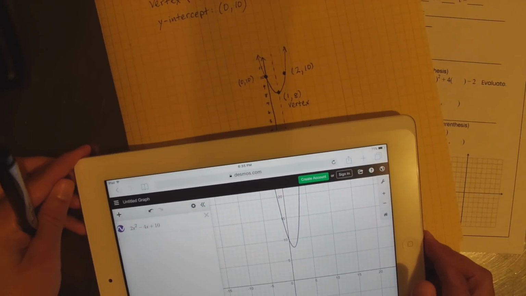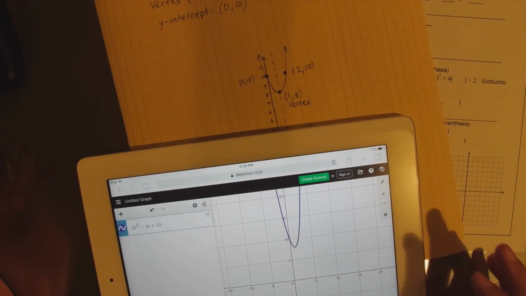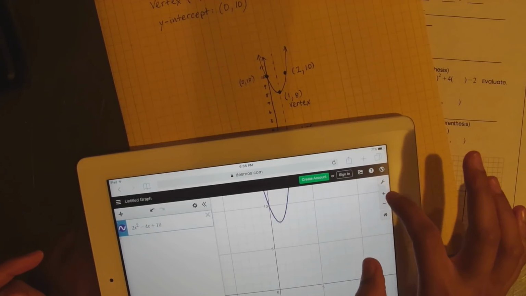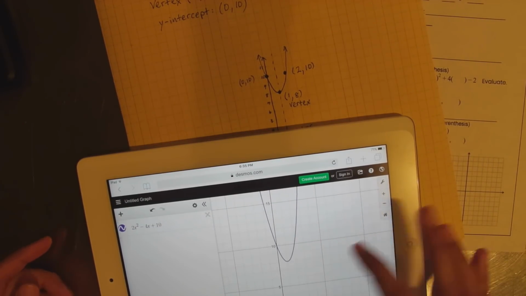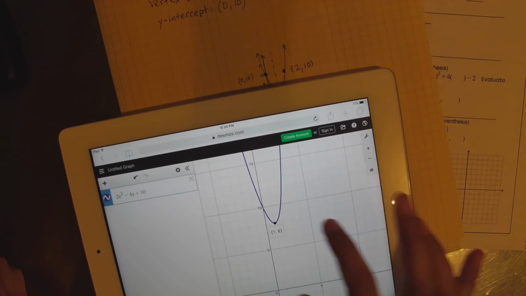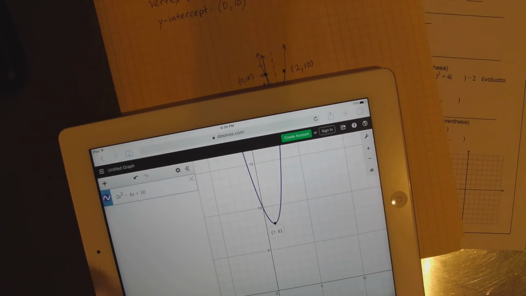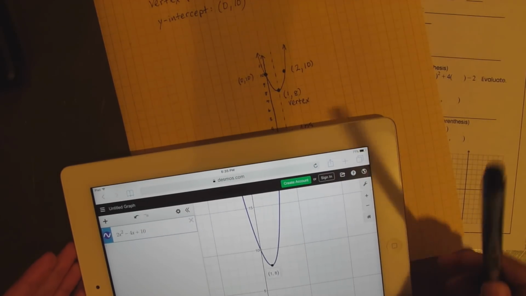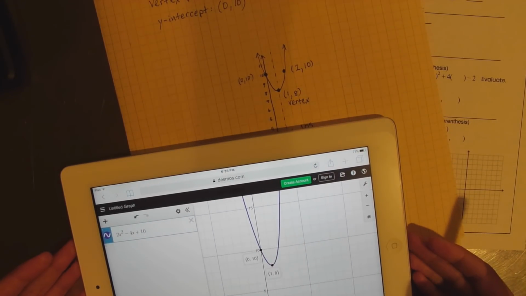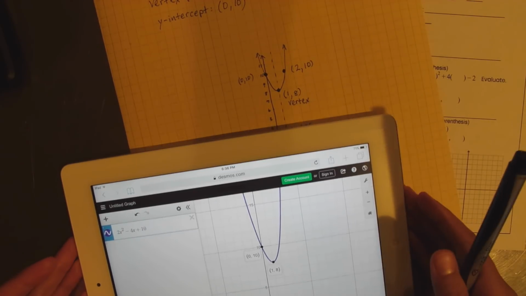But we don't want to just go on looks, we want to confirm. The nice thing with Desmos is the points that automatically come up will be your vertex as one of them. So when you click on it, I see the vertex should be 1, comma 8. That's what I have. And then the y-intercept should be 0, comma 10. That's what I have.